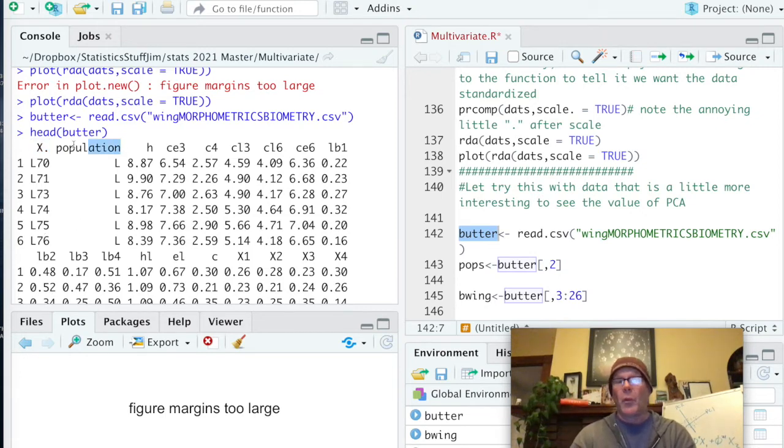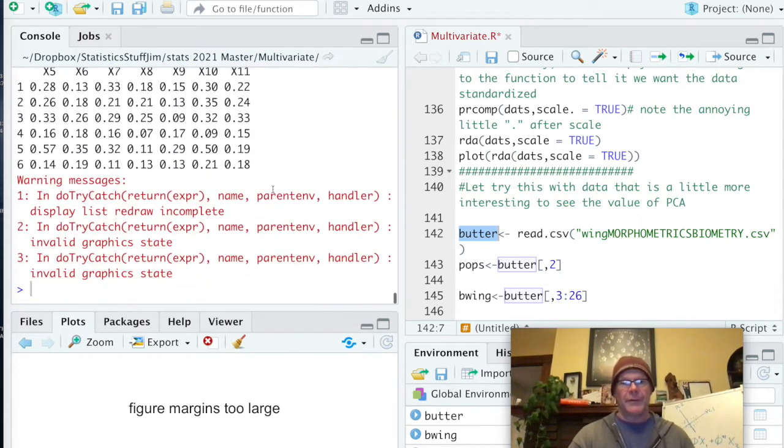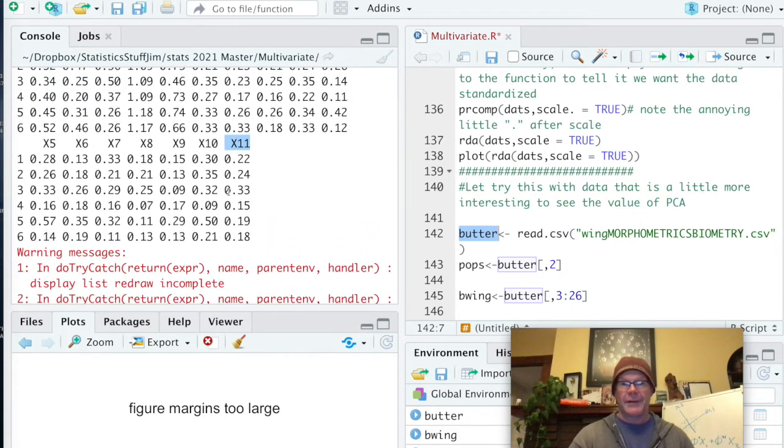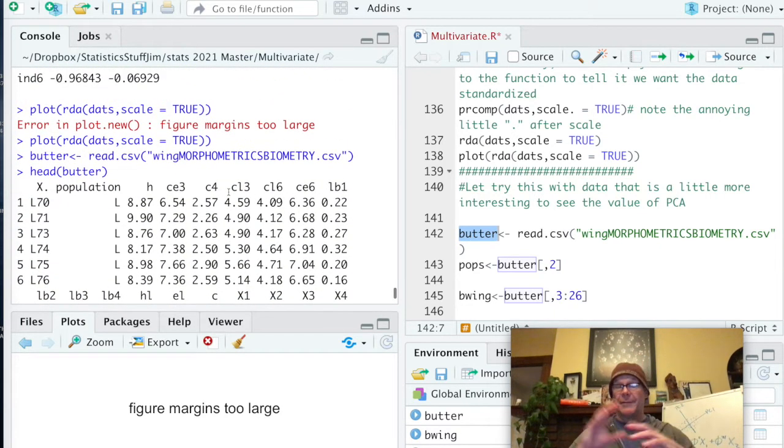And then we have what population they're from. There's going to be a handful of populations that they are from. And then we have all these measurements, right? H, CE3, C4, CL3, all the way through to X11, which are the different black dots. So we had all of these different measurements, and maybe we want to understand how that morphology varies across those populations.